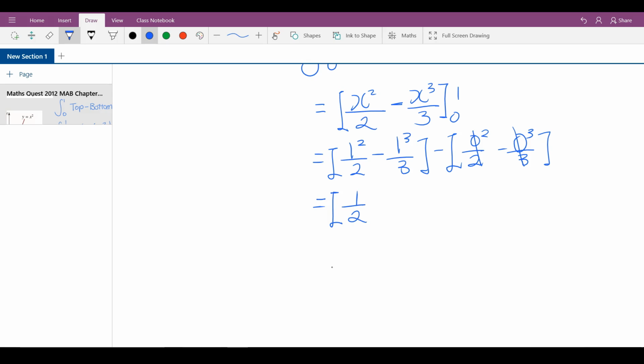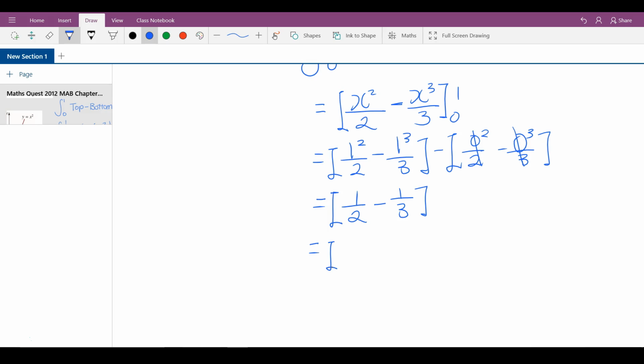So it's just 1 over 3. One over 2, a half, minus a third. What do you get? Let's do it the year 6 primary school way, because I'm pretty sure a lot of people can make mistakes here.